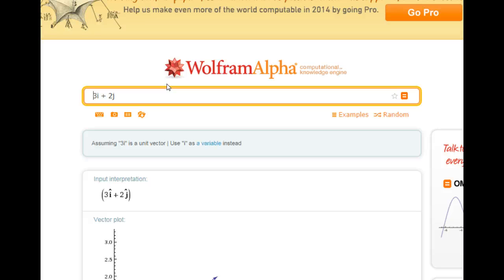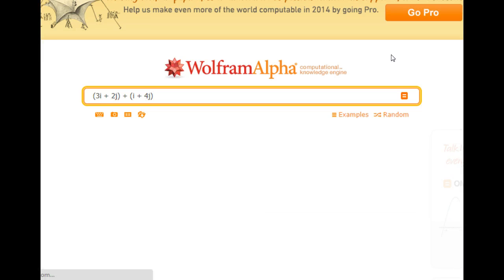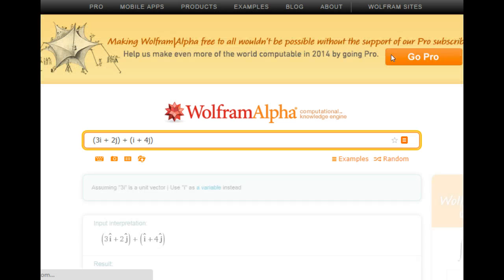Let's take our vector 3i plus 2j, put parentheses around it, and add I plus 4j, let's say. Let's see if that works.